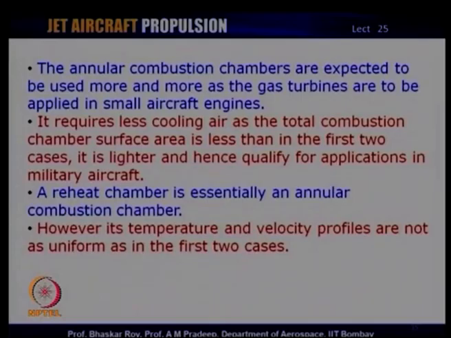All the combustion takes place in an open annular space. So, the security that is provided by the can is not available anymore, and as a result it may impact the combustion efficiency a little and the combustion intensity a little, and hence the annular combustion chamber may have somewhat lower efficiency and somewhat lower combustion intensity.